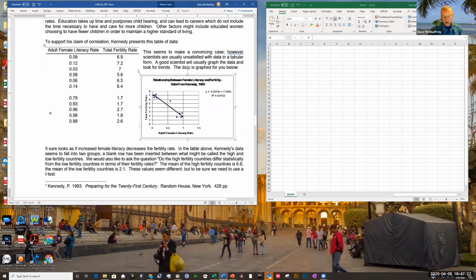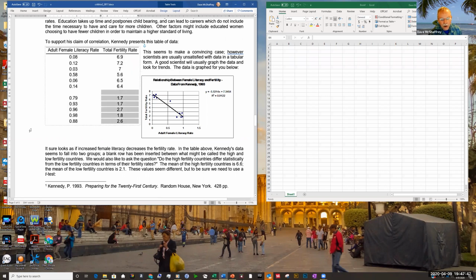Okay, so the other thing we want to know, though, is are these literacy rates here different from the literacy rates here? And are the fertility rates here different from the fertility rates here?